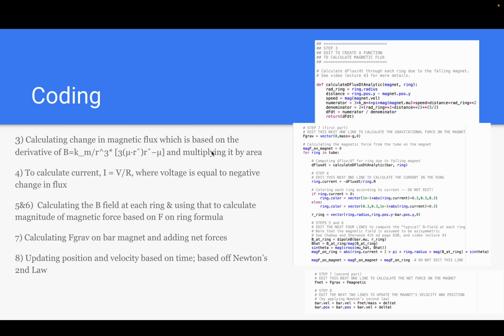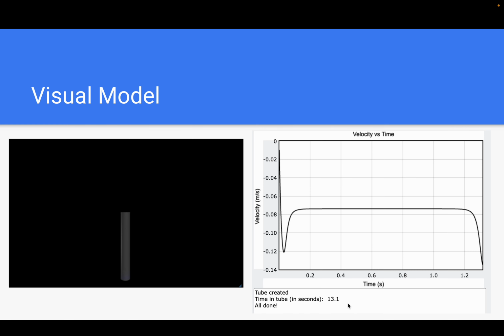And then to calculate current, we divide velocity, which is equal to negative flux over time divided by resistance, and then calculating the B field at each ring and using that to calculate magnitude of magnetic force is seen here. And then step 7 calculates the net force by adding up the gravitational and magnetic forces, and 8 uses the net force previously mentioned to update the position and velocity of the magnet.